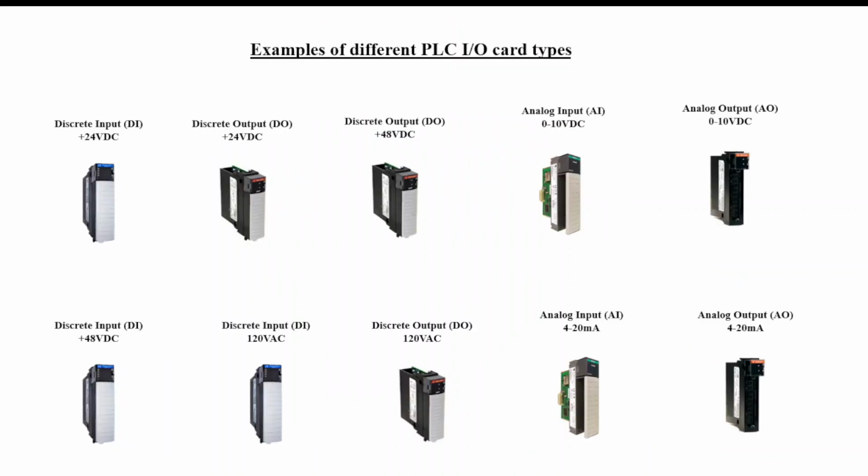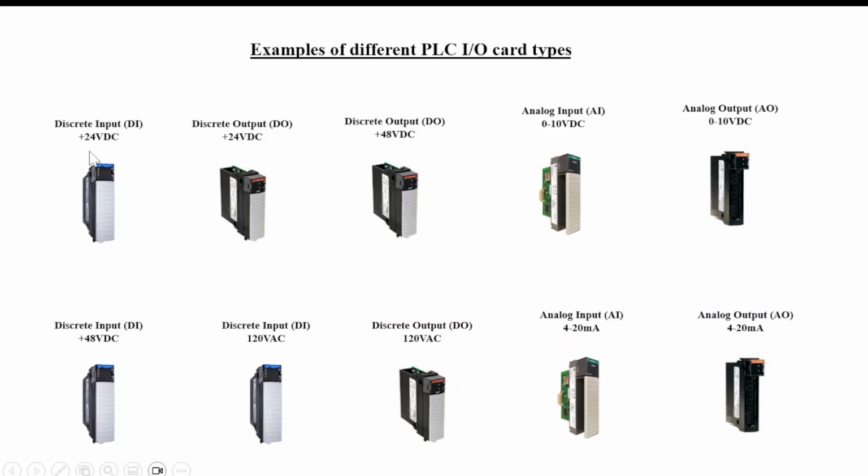So here's an example of some of the different cards that exist out there. And some cards or manufacturers will have more options available than others. So you can see here for discrete input, there's 1, 2, 3 different types, and you can see the voltage is different for each one.